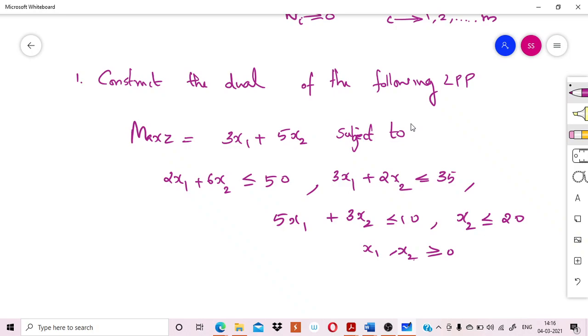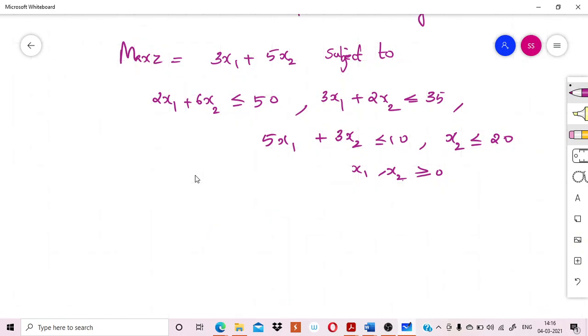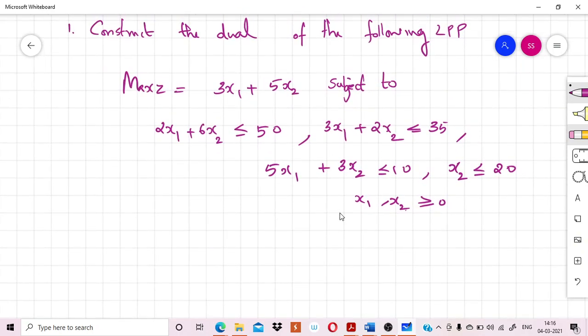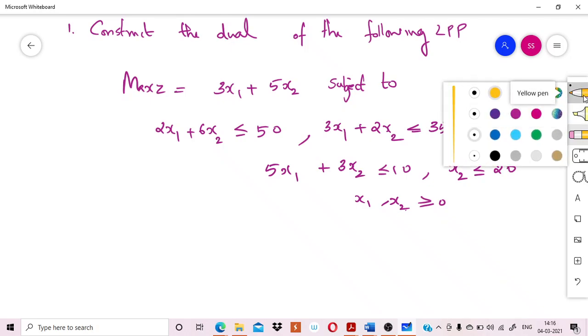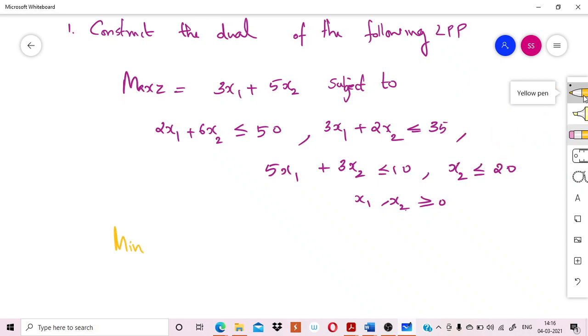So here we will find out the dual of this, that is dual of max z will be your minimization. Maximization problem becomes minimization, and z star is just a notation. Z star is equal to b1, b2, etc. You have to introduce the new decision variables, that is w1, w2, w3.